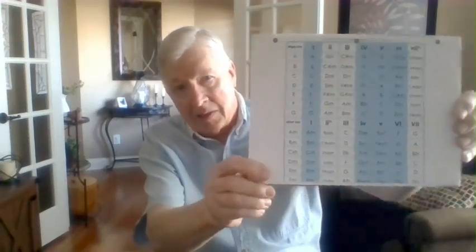Every now and then you'll have to maybe change chords manually. And that's what this is for. You can download this from the internet. It's a transpose chart. Pretty simple to understand.